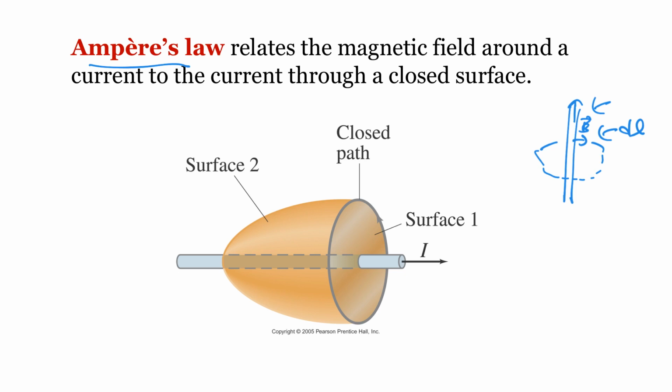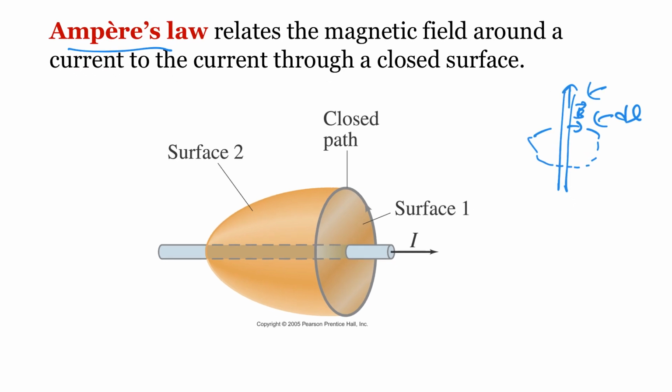So we have this formula, which we call Ampere's law: over the closed loop, the integral of B dl equals the permeability of free space multiplied by the I enclosed inside this closed area. That is Ampere's law.